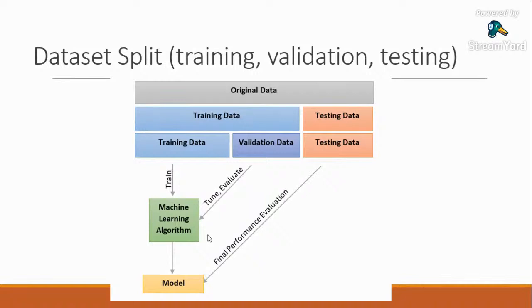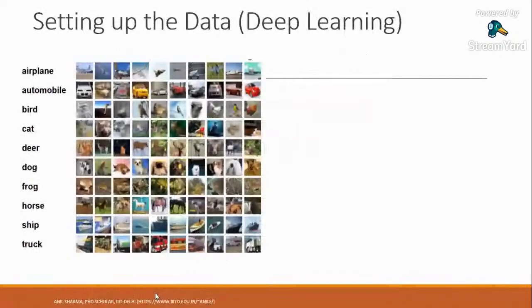If it is dependent on some parameter, we find the best parameter using the validation data. We select those parameters which give good performance on this validation data, and then we report the performance on the testing data. So this is how a typical machine learning algorithm uses the data sets.